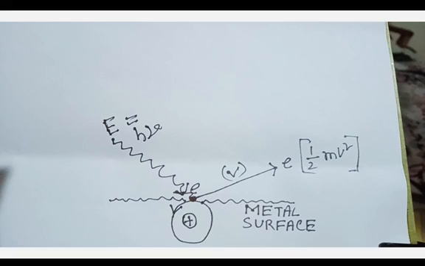It is important for you to understand that every metal surface has a threshold energy, which means electrons cannot be ejected out of the metal surface if the energy provided to the electron as light is less than the threshold energy. So, every metal has its characteristic threshold energy.